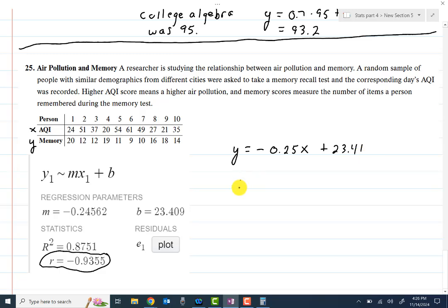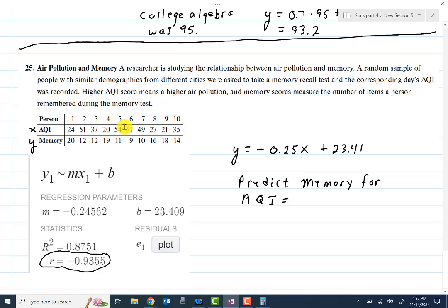Now, predict AQI. That was the wrong question. I'm going to put in an AQI and I'll predict the memory number. Predict memory for AQI equal to, I'm going to try to pick something a little beyond these numbers.